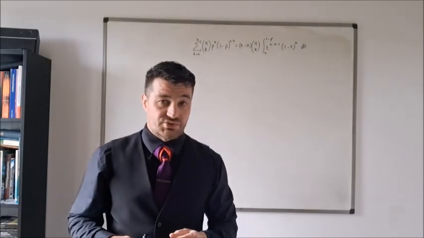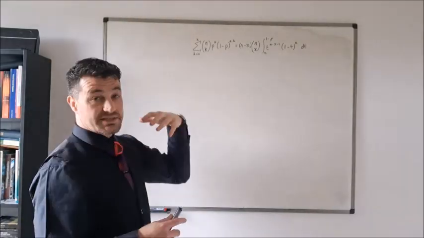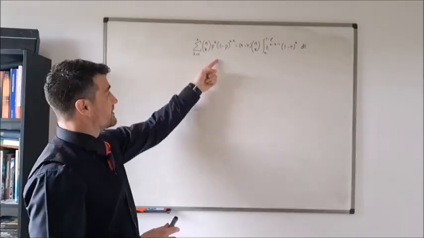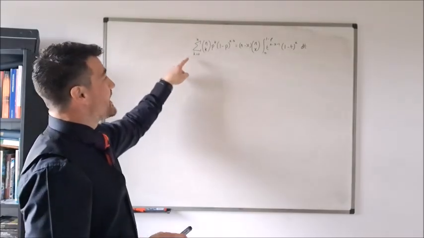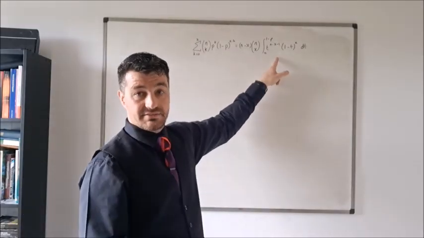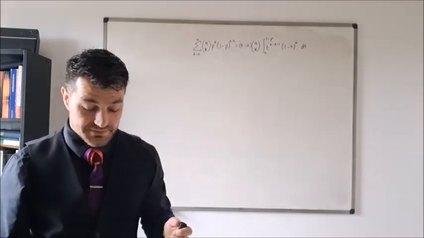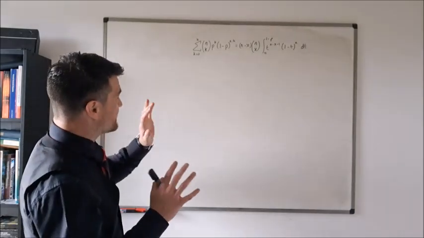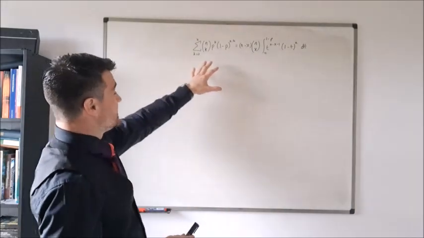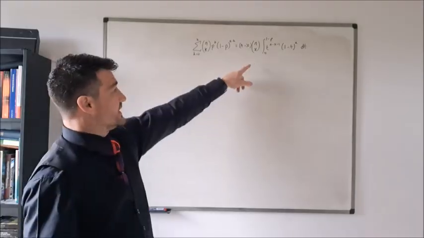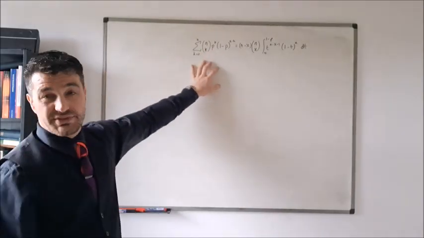But I fell into this trap. I was looking at this, thinking, okay, how can I make this into this? And there's a difficulty here: you've got an integral on this side, but no integrals on the other.